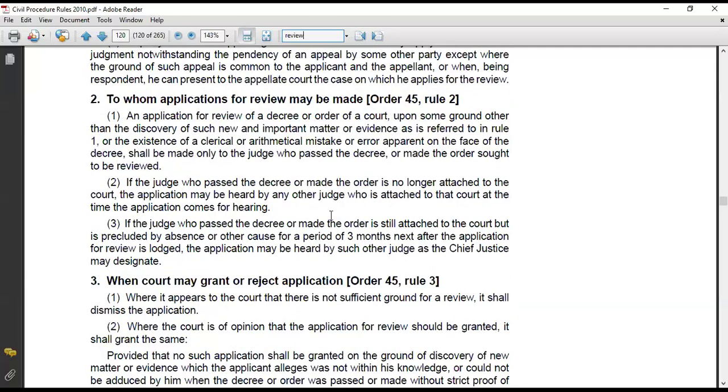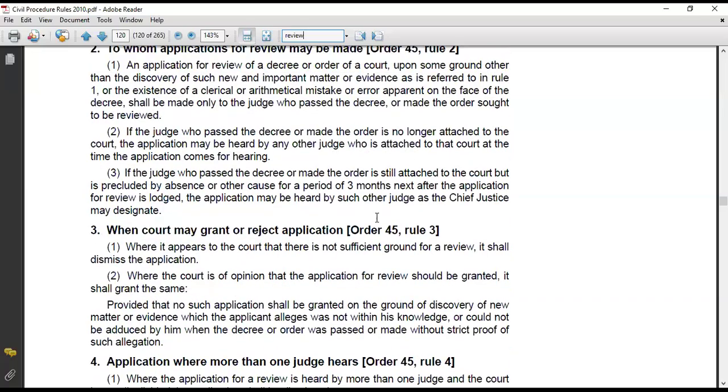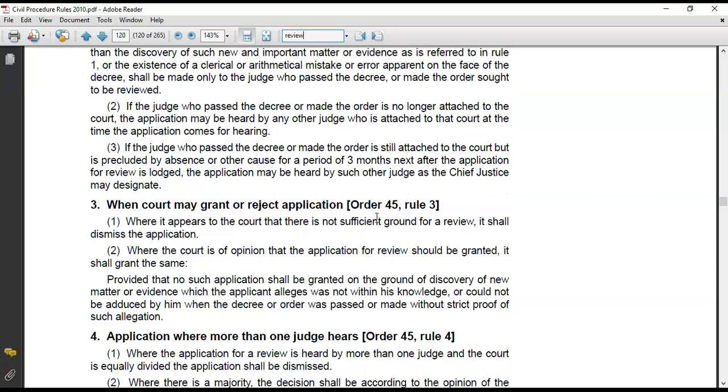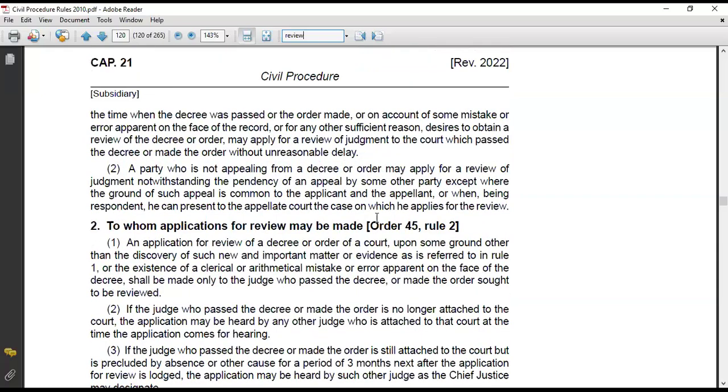Then Order 45 Rule 2. An application for review of a decree or order upon some grounds of discovery of new important matter of evidence is preferred. If the judge who passed the decree or made the order is no longer attached to the court, the application may be heard by another judge. So this is what the question was asking about.